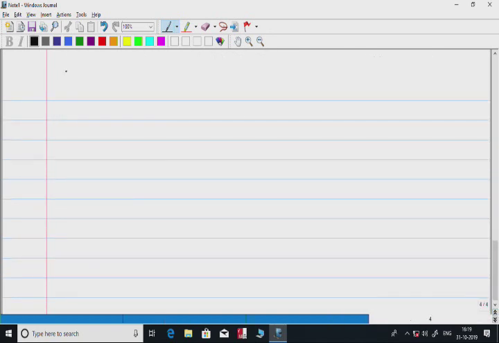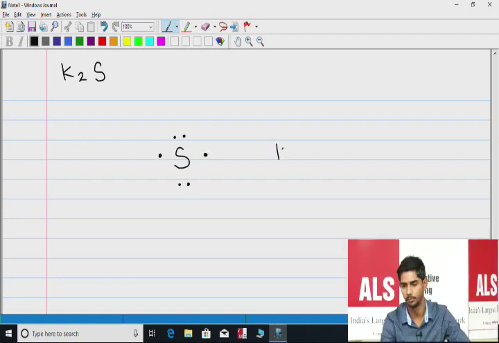Let's check out K2S. Guys, look at this. Sulfur has 6 valence electrons and potassium has 1 valence electron. So what is the possibility?